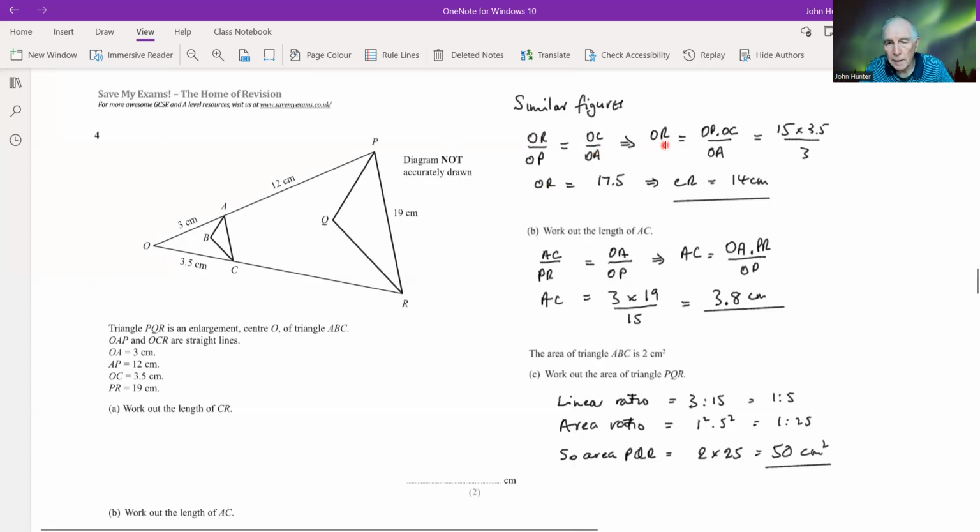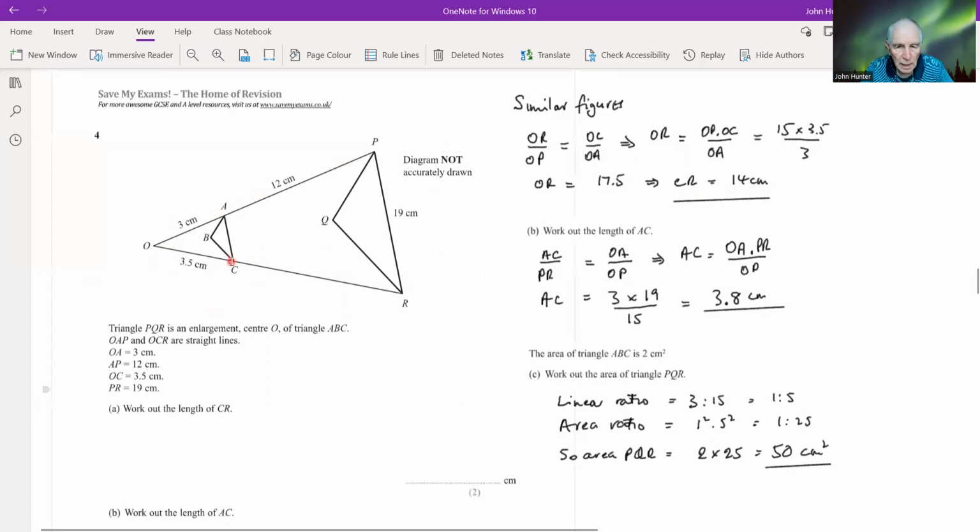So just changing that round, we're going to get OR equals OP times OC over OA, which is this number here, which gives us 17.5 for OR. Take away the 3.5, and that's going to give us CR equals 14 centimeters.